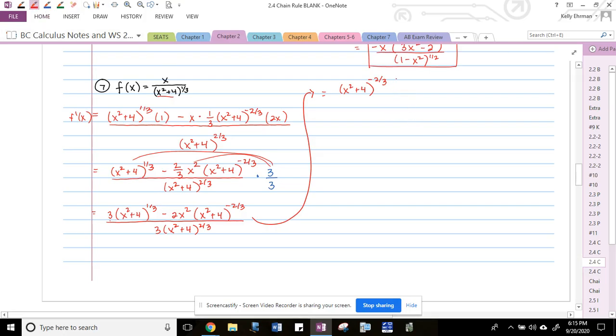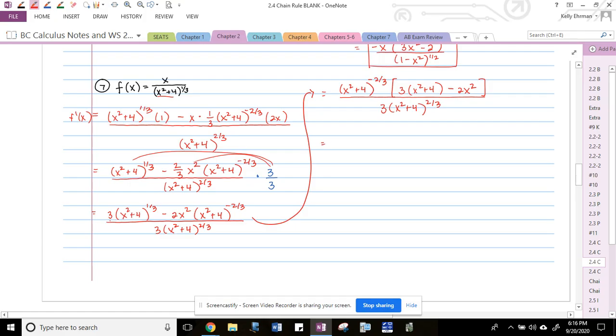I like to do square brackets. What are you left with when you do that? You still have the 3. 1/3 minus negative 2/3 is 1. So times x squared plus 4 minus, you still have a 2x squared. And then this second part of parentheses will cancel out. It's still all over 3 times x squared plus 4 to the 2/3.